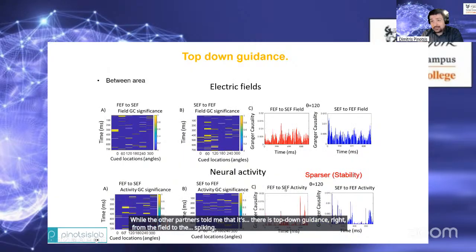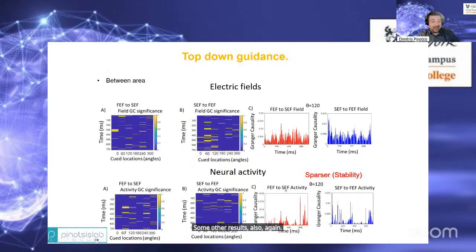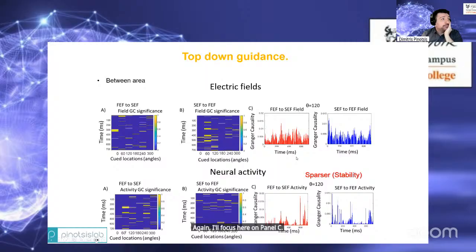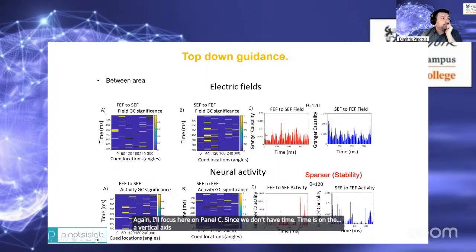Some other results also, again, arguing in favor of this top-down guidance. It's again similar, Granger causality. Again, I'll focus here on panel C, since we don't have time. Time is on the horizontal axis and Granger causality coefficient is on the vertical axis.